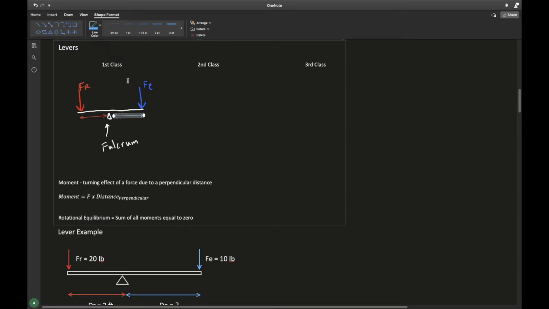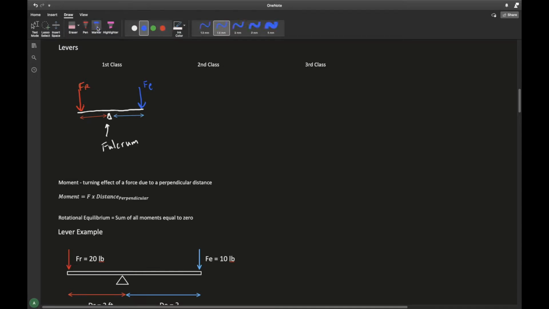And we'll draw that so it's a little bit clearer there, just like that. And so this is the basic structure here of our first class lever. So we can see that the fulcrum is in between the two forces. And this reminds us of the seesaw. So when I think of first class lever, I typically think of the seesaw that you probably have seen on a playground somewhere.